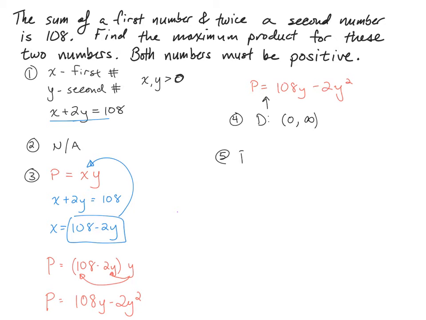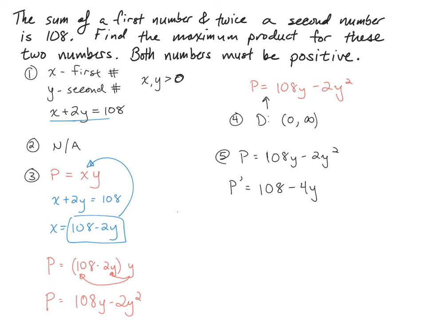Now the last step, this is where all of the calculus happens. We have this function p equals 108y minus 2y squared. We want to find the derivative. We want to find all critical values of this derivative. There are no values where this derivative is undefined.